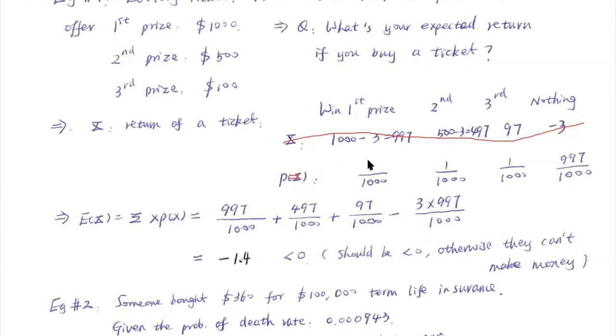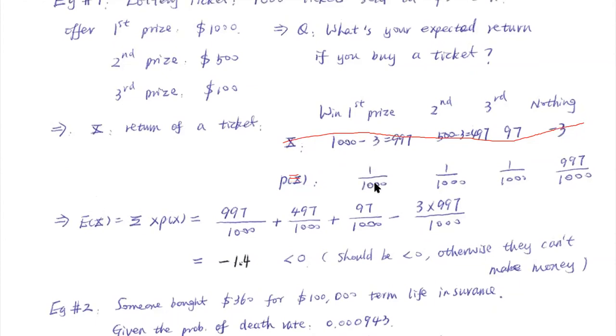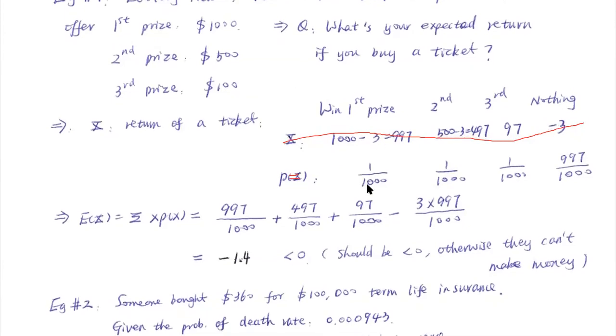You buy one ticket, out of how many total? 1,000. The offered first prize is only one. So it's 1/1,000. That's the probability corresponding to first place. Second place, 1/1,000. Third place, also 1/1,000.